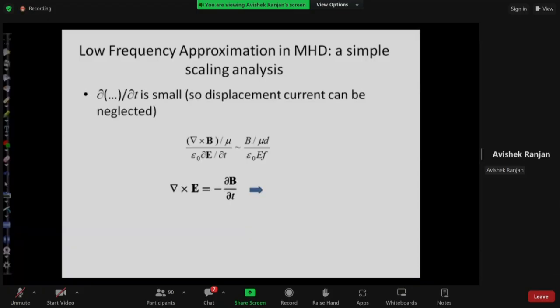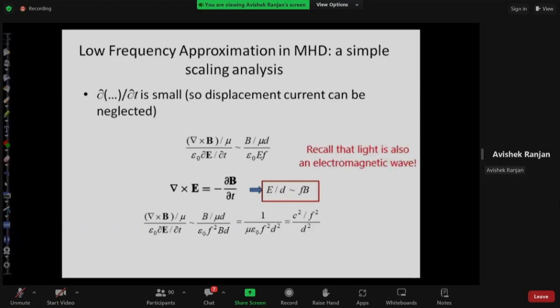Essentially I take Faraday's law and write it as electric field divided by some length scale being of the order of frequency times the magnetic field. If I replace this in the ratio of the two terms that you see at the top, I obtain a ratio in terms of c squared, which is the square of the light speed, f squared, the square of the frequency, and d squared, the square of a length scale.